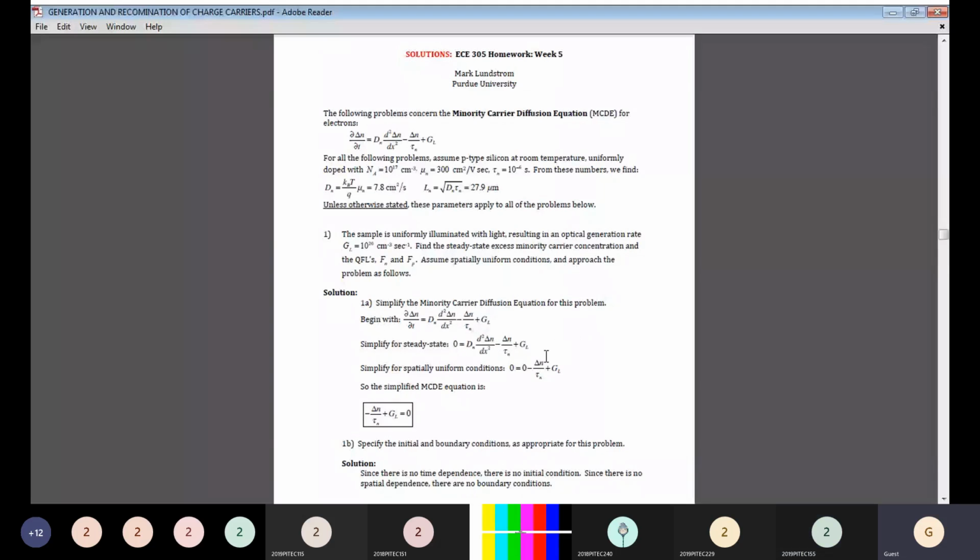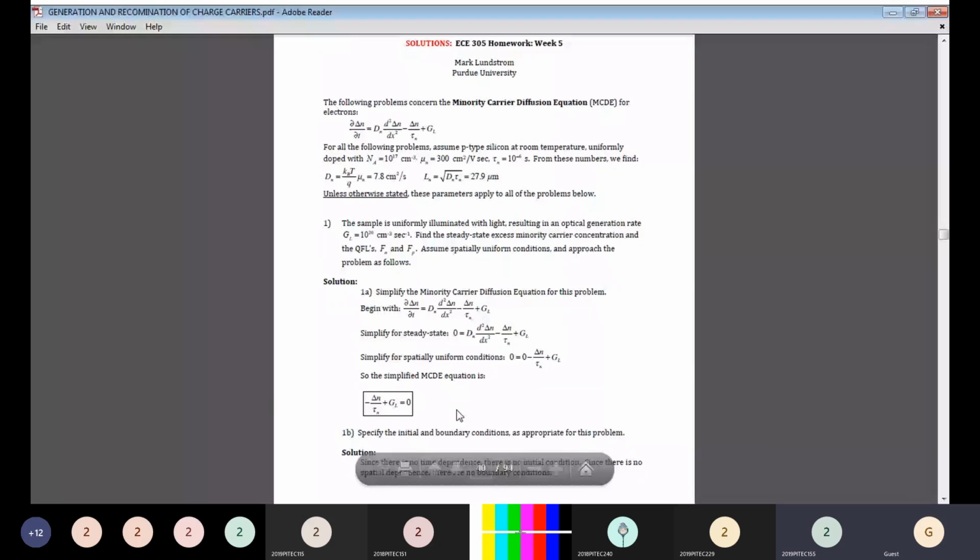For steady state, dou delta n by dou t equals 0, which equals Dn d square delta n by dx square minus delta n by tau n plus GL. For spatially uniform conditions, d square delta n by dx square is also 0. So 0 equals 0 minus delta n by tau n plus GL. Therefore, GL equals delta n by tau n, or minus delta n by tau n plus GL equals 0. Next.